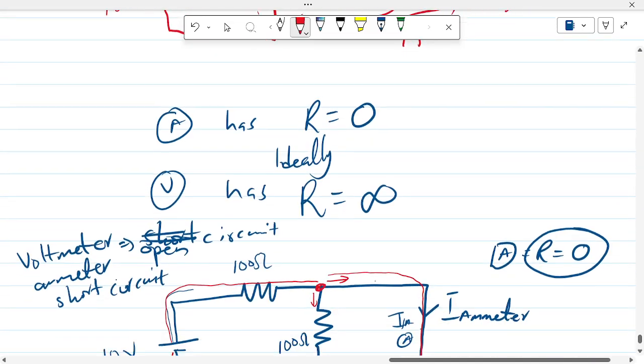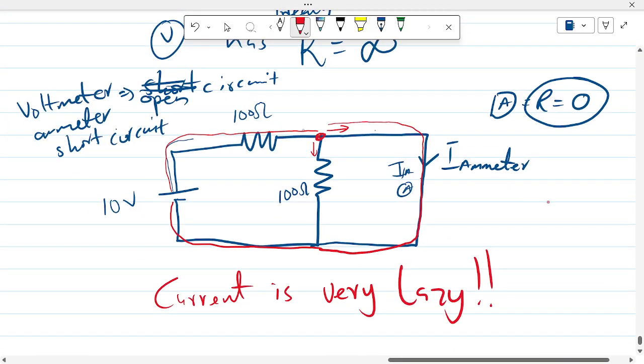So we can calculate the current through, and that becomes Ohm's law.